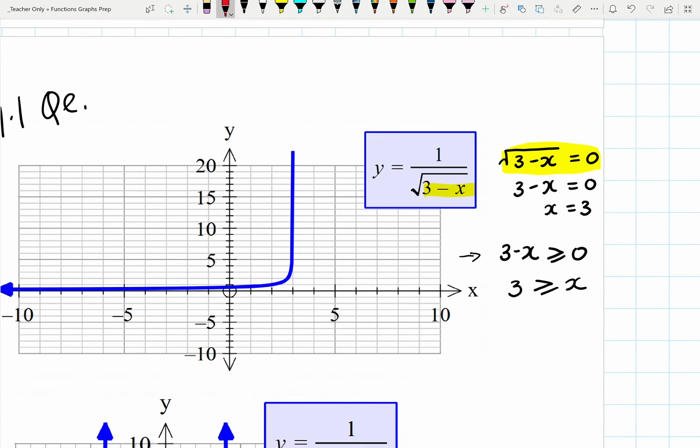So x has to be less than 3. Think about it. If we've got x equal to 4, for example, we're going to have 1 over the square root of 3 minus 4, which is 1 over the square root of -1, which is when we end up with imaginary numbers. So be very, very careful when there's a square root in the denominator.